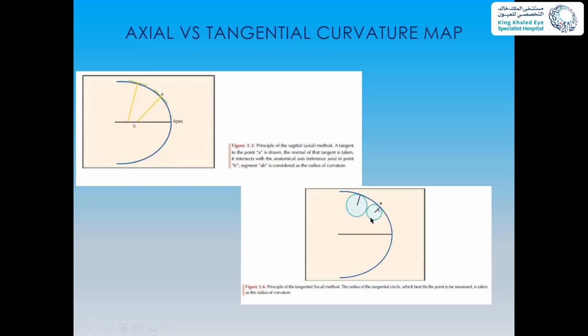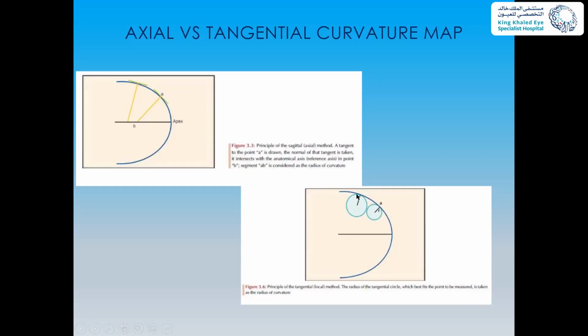The way you calculate a tangential power or curvature map is like this: imagine you have got a big cornea in your hand, and you use tiny balls or tiny spheres to fit in. At any particular point, you put a tiny sphere there and see whether it matches the curvature of the cornea. You put a 48 radius of curvature, it fits 48, so you say it is 48.